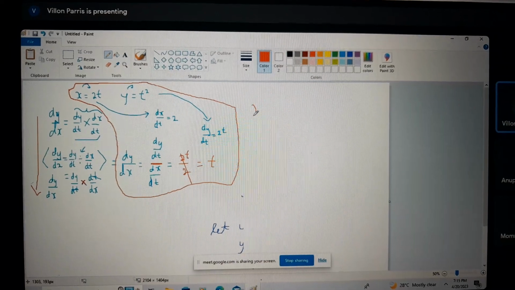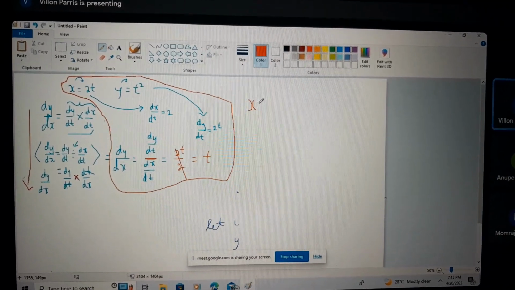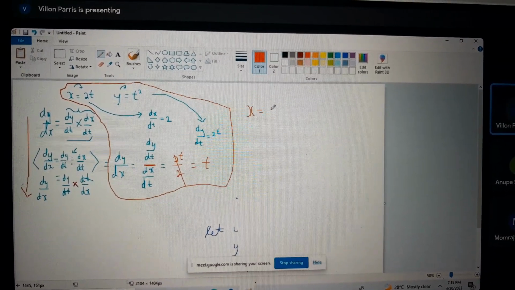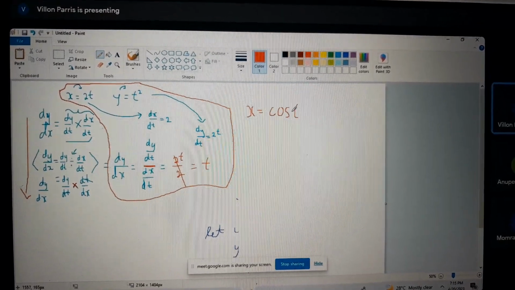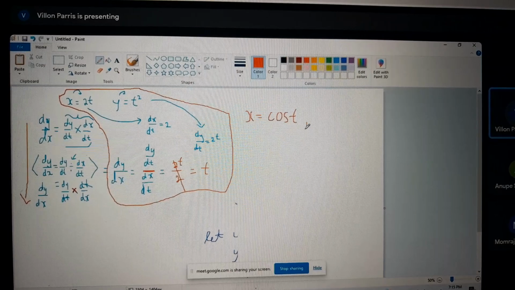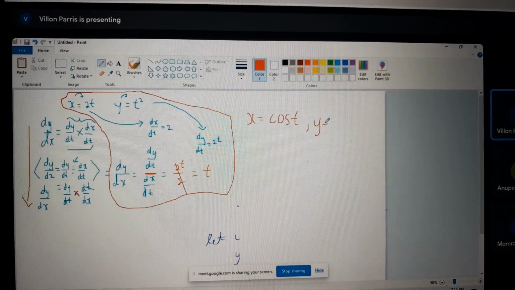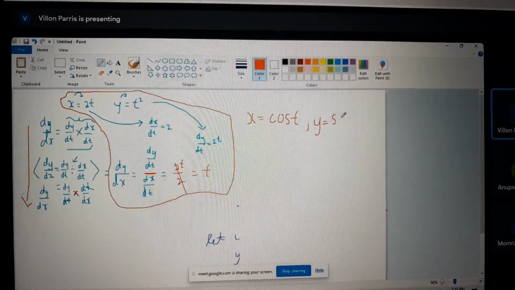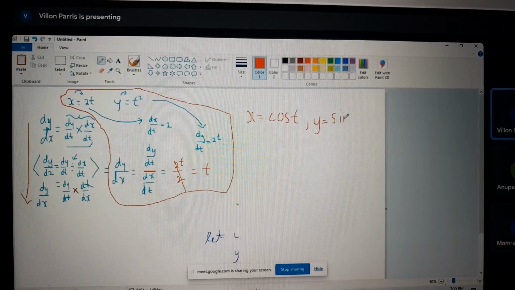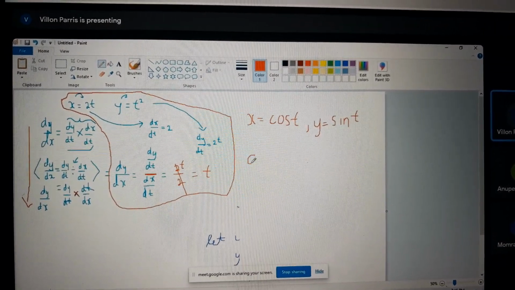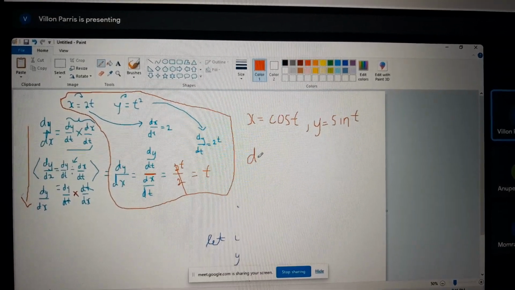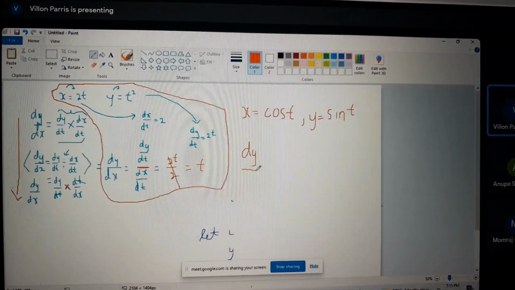Good. So I want you to try this one. x is equal to cos t and y is equal to sine t. Let's see if we can find dy/dx, if we can find the derivative.